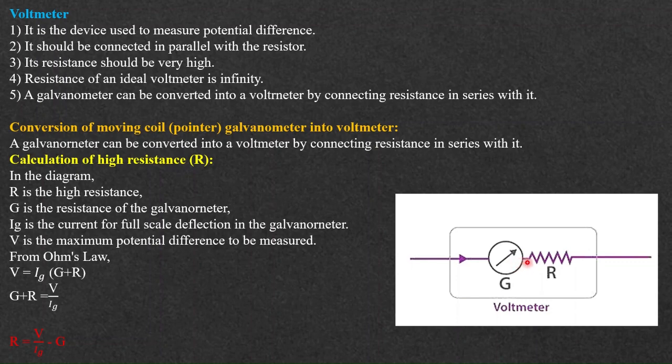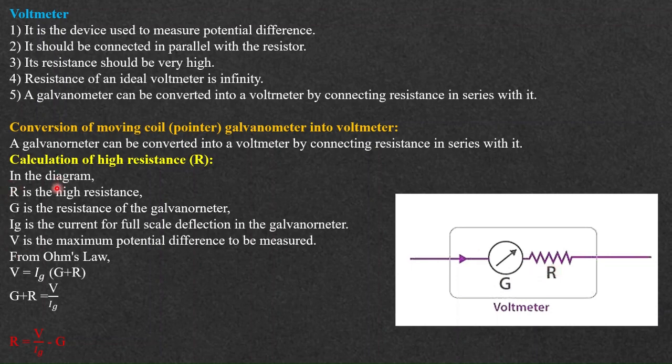So a galvanometer can be converted into a voltmeter by connecting a resistance in series with it. Now what happens to the total resistance here? G represents the resistance present in the galvanometer, and R is the external resistance that we are connecting to the galvanometer.